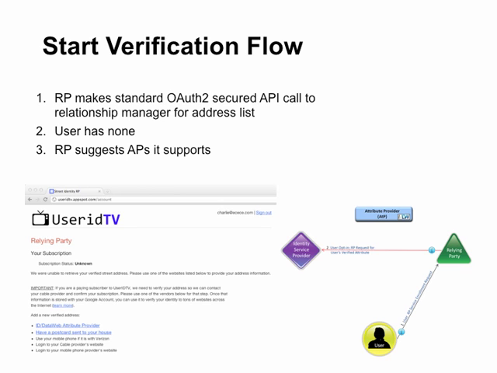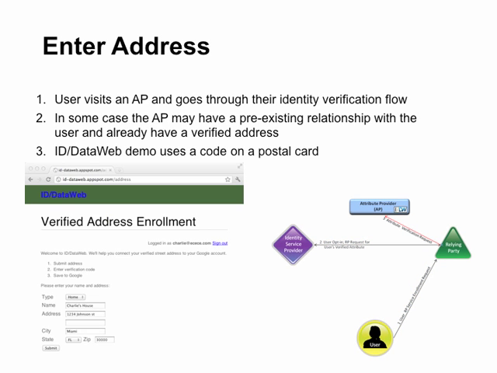So the user could pick one of those, and attribute providers could come in many different forms, many different companies. But for our demos, we have a set built by a company called ID DataWeb that shows how a user might verify their street address by entering their home street address on a page, which the user does on a screen like this.